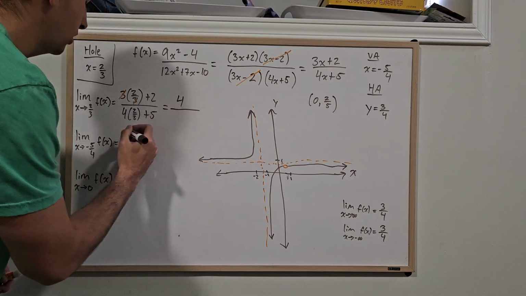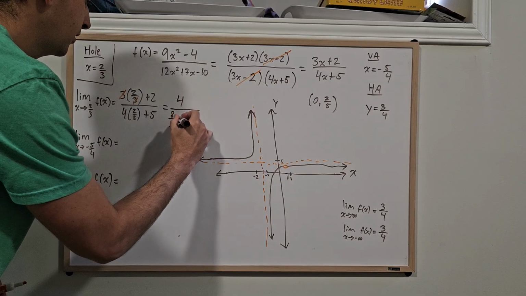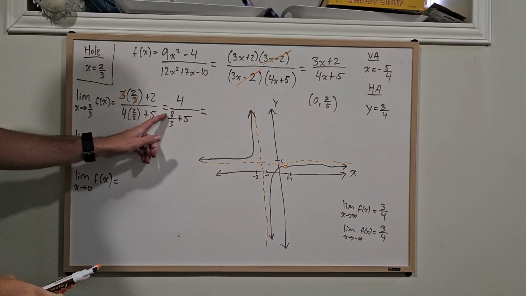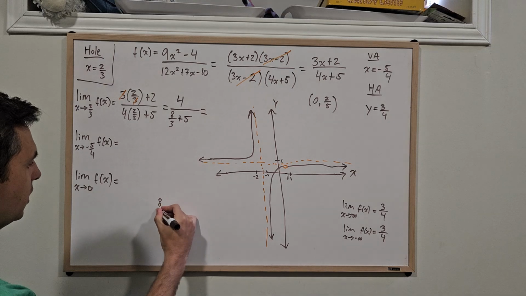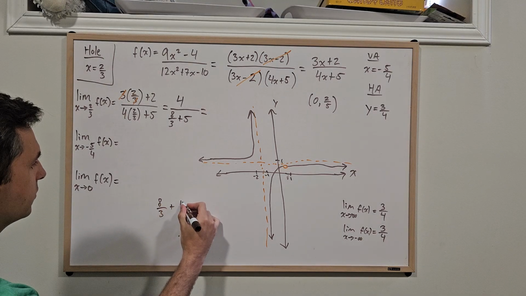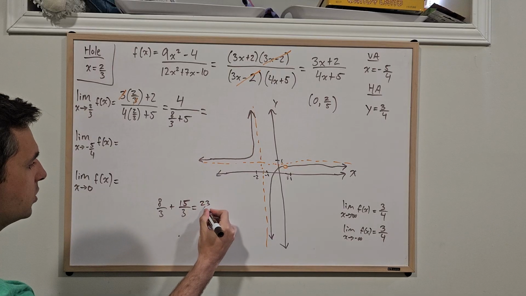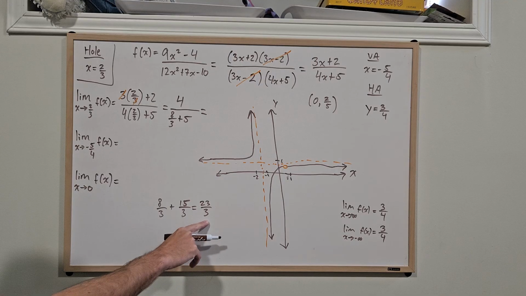Let's just do that on the bottom here really quick, okay? 8 over 3 plus 15 over 3. Finding the common denominator, right? That's going to be 23 over 3. And so we have 23 over 3 on the bottom.